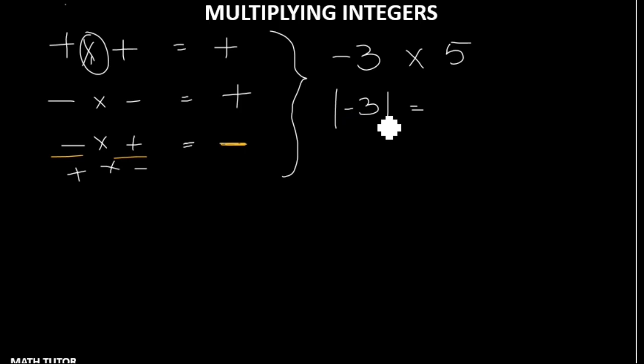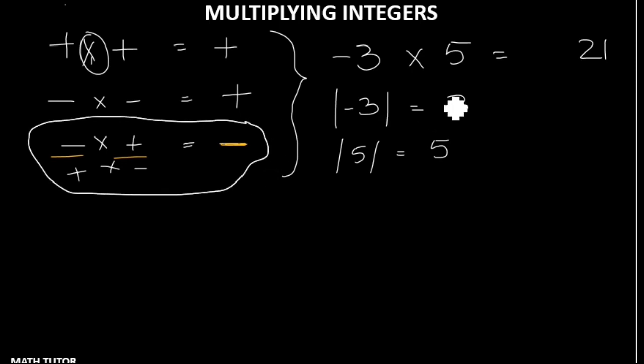The absolute value of minus 3 will be 3 and of 5 will be 5. So 3 times 5 equals 15. Since these integers have opposite signs, here minus and here plus, their product will always be negative.